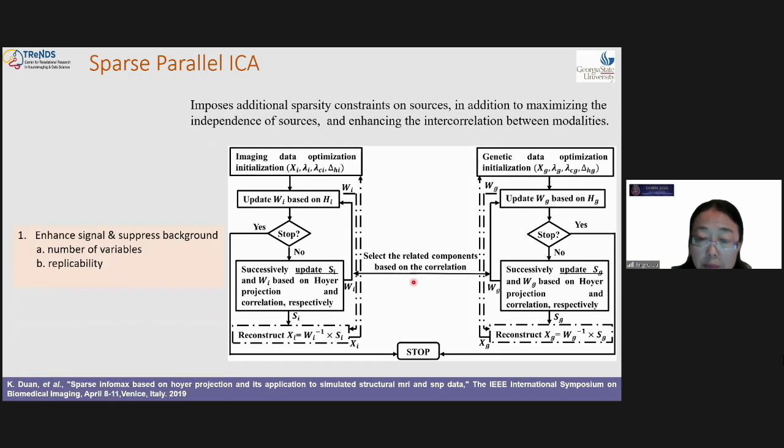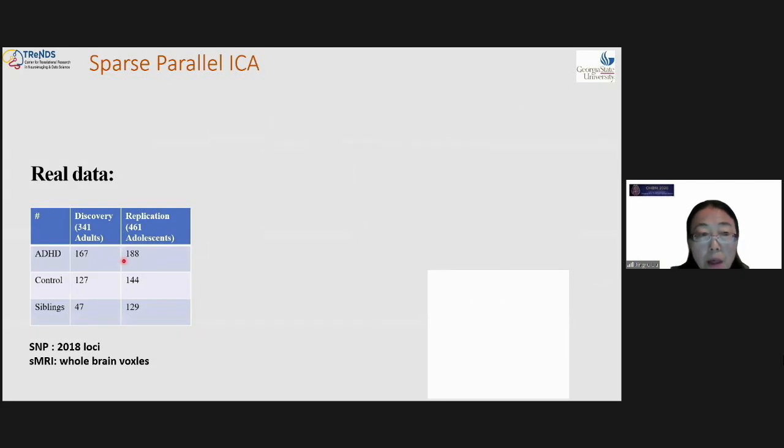The advantage of this approach is that the component we derive has much enhanced signal strength and suppressed background. Indirectly, this method also increases the number of variables, the number of SNPs that can be analyzed, and also increases replicability.